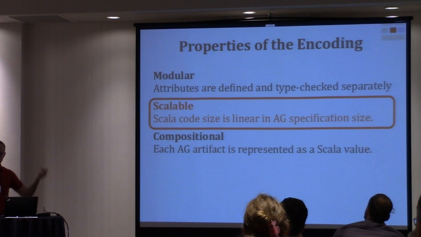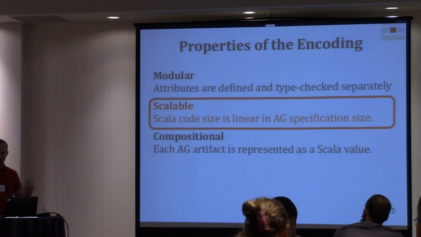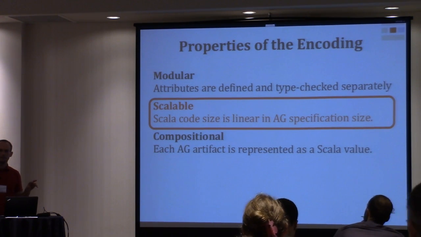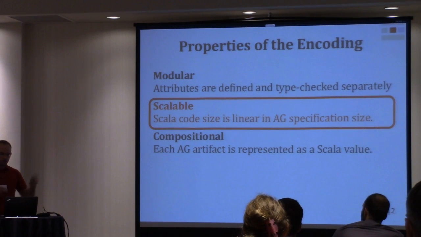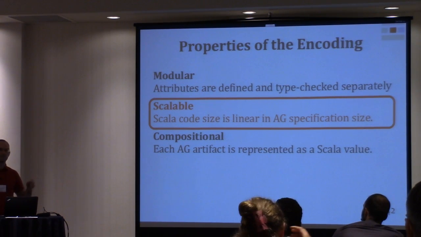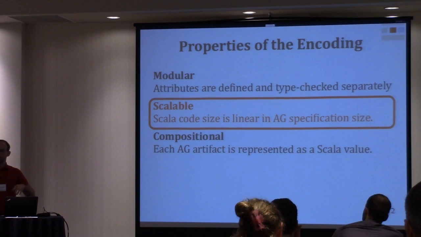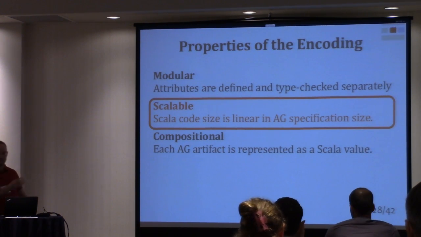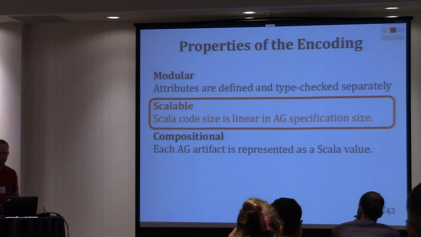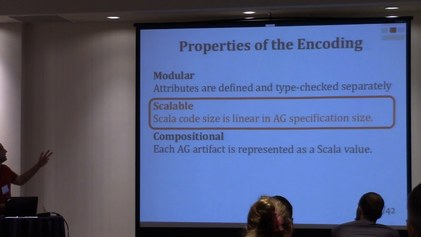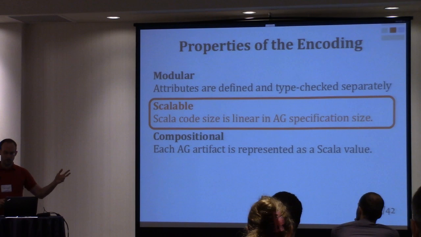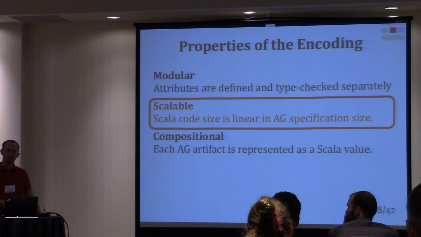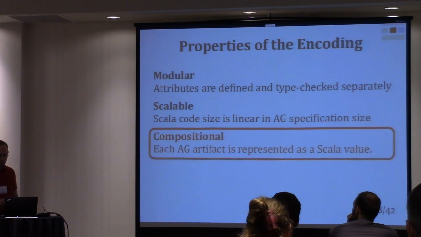So we carefully looked at all the lines that you need to write or that are partly generated by tools, and they all come from a certain artifact in the attribute grammar specification. So you need 1 line per equation and 3 lines per dependency between this and that, and there are so many lines per non-occurrence of something on the left-hand side, and so on and so on. And we believe this is pretty important if you want to have an actually usable system, because you don't want it to explode for a bad input, kind of.